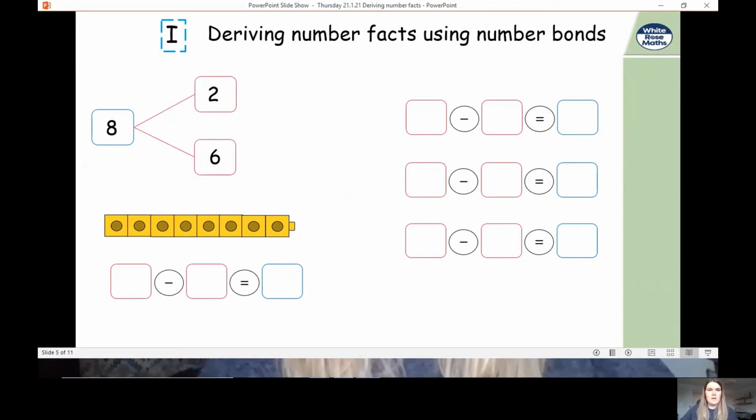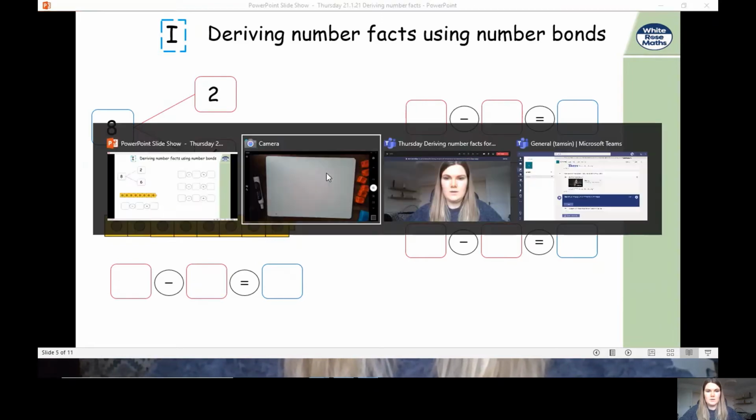This time we're going to use the number 8, and we're going to use the number bond 2 add 6 makes 8. So the first thing I do is I get some cubes and I have a go. So how many cubes do I need to get? I need to get 8 cubes.